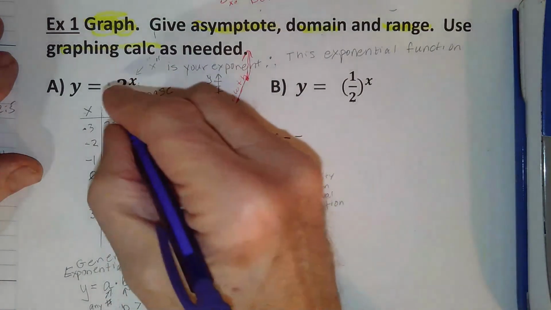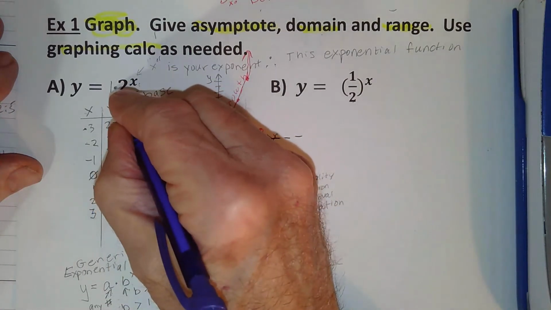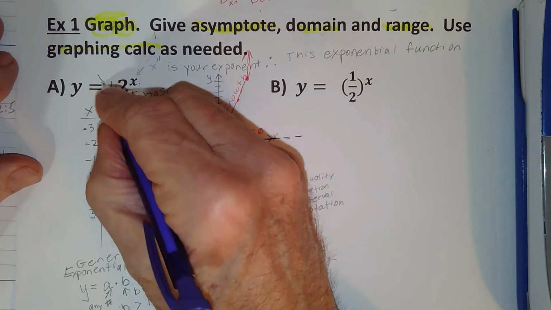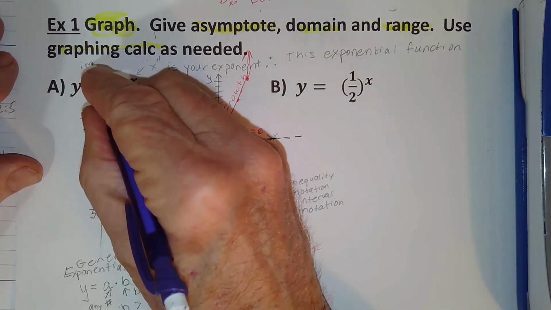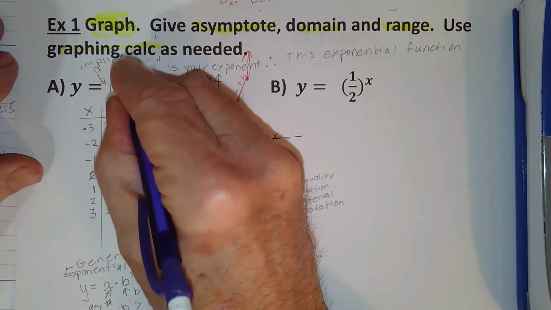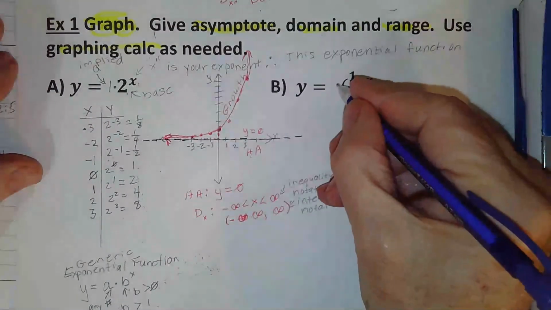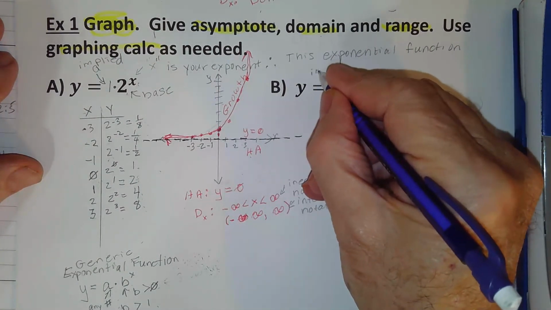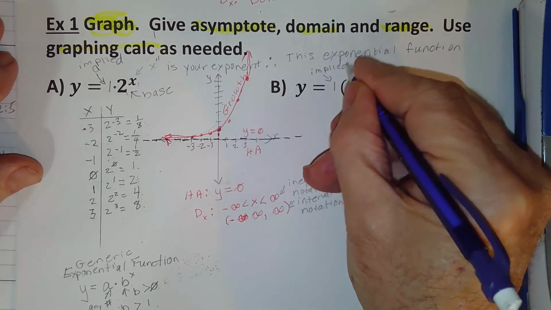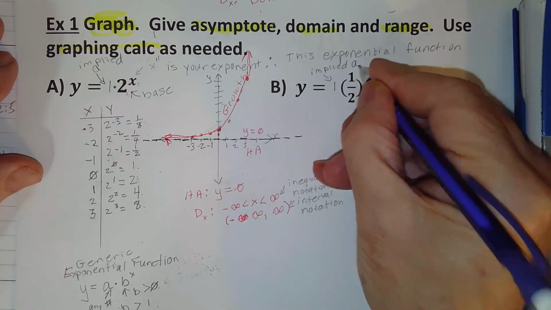Where's the a? Well, it's implied. The a is 1. Whenever you never see it, that's your a. And so that's an implied a. So it's the same thing over here. This is the implied a.